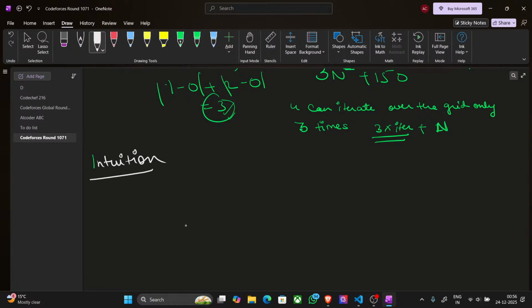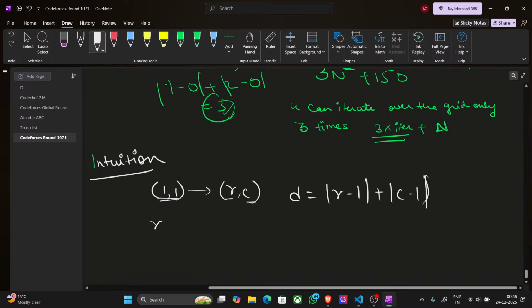You are given the Manhattan distance, right? So in one iteration I can take the Manhattan distance from the first penguin to every other penguin at any index R and C, then the Manhattan distance will look like |R minus 1| plus |C minus 1|. Now look, R and C will always be greater than or equal to 1 in every case.